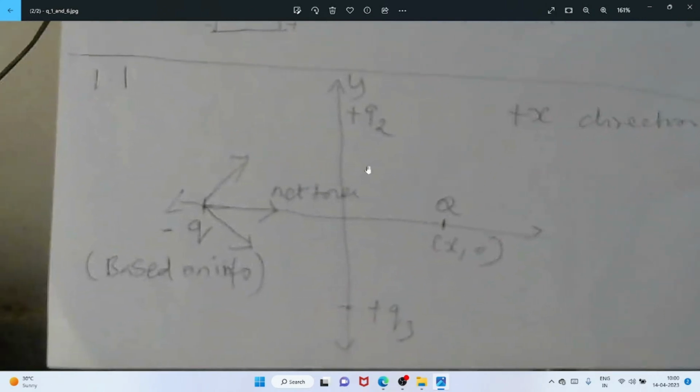See here, this is a negative charge and this is a positive charge. Why am I saying negative charge? Because they are saying the resultant vector is in the x direction. Only if there is attraction between this charge and this charge will the force be in the x direction. So we assume this is a negative charge. This is the resultant vector. Now if you put a charge here, the force will be in the x direction only.